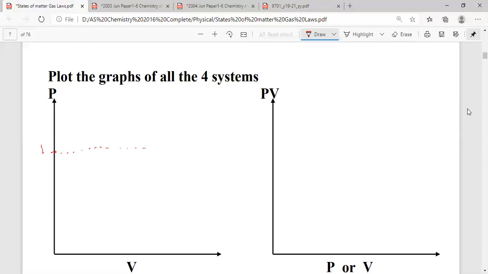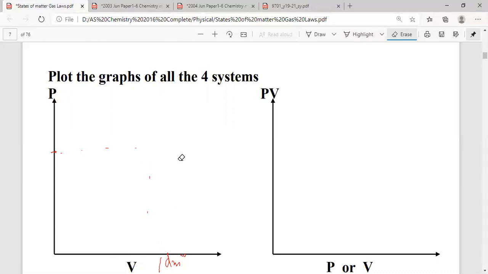What's the volume it occupies? 24 dm³. Sorry, it doesn't always work.